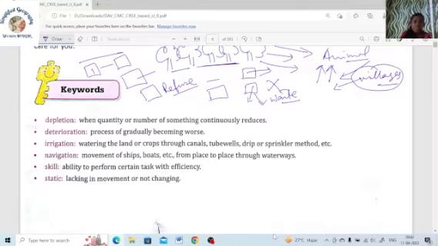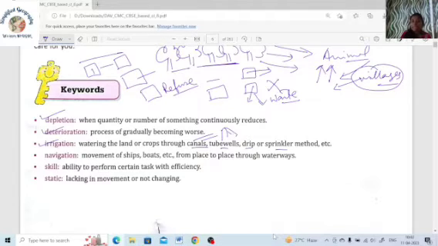Let us see the keywords. Depletion, when the quantity or number of something continuously reduces, that is depletion. Deterioration, the process of gradually becoming worse. Irrigation, watering the plants, crops and lands through canals, tube wells, drip, sprinkler method, etc. Tube well method we know.